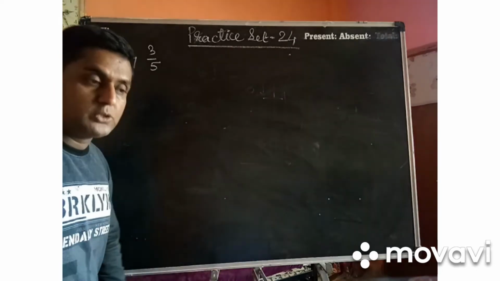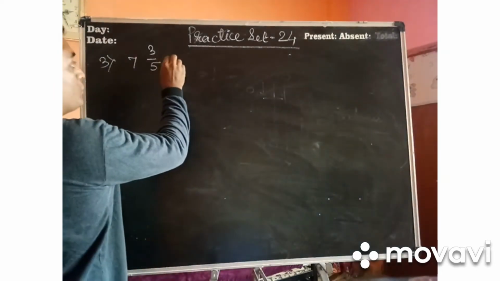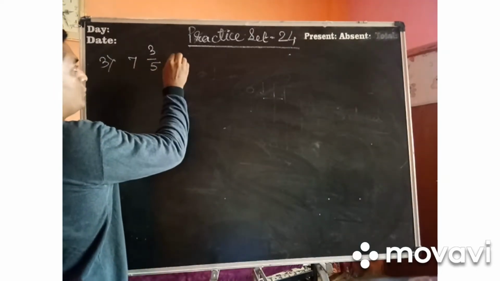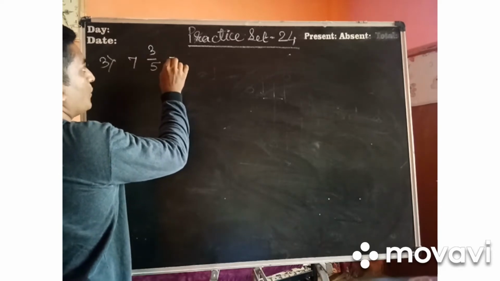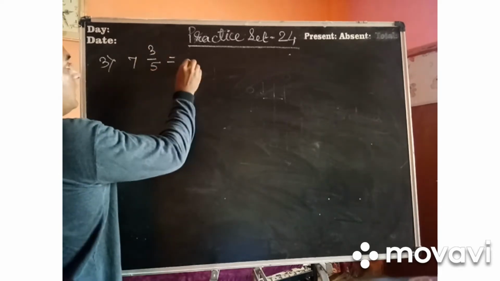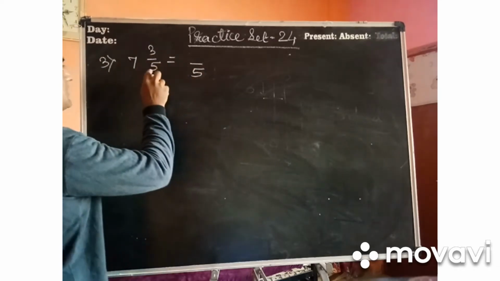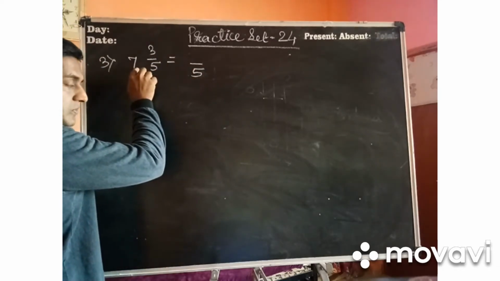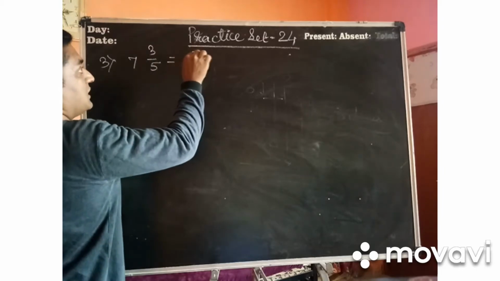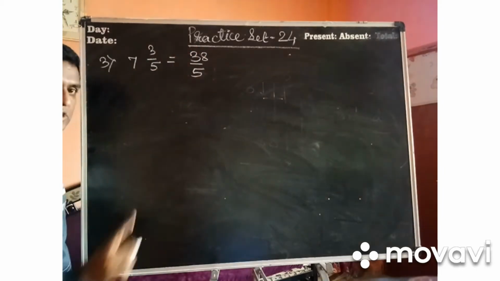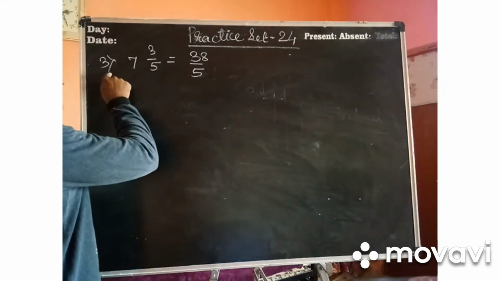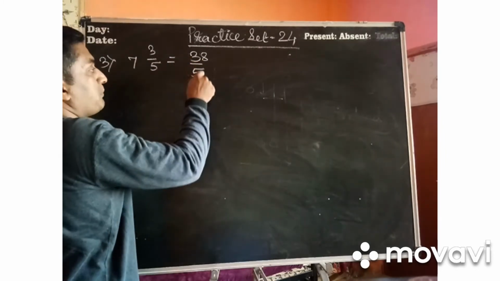Let us convert it into the form of a rational number. For such numbers, write the base 5 as it is, copy 5 as it is. 5 sevens are 35, 35 plus 3, 38. Now see, my rational number is ready. My rational number for sum number 3 is 38 upon 5.